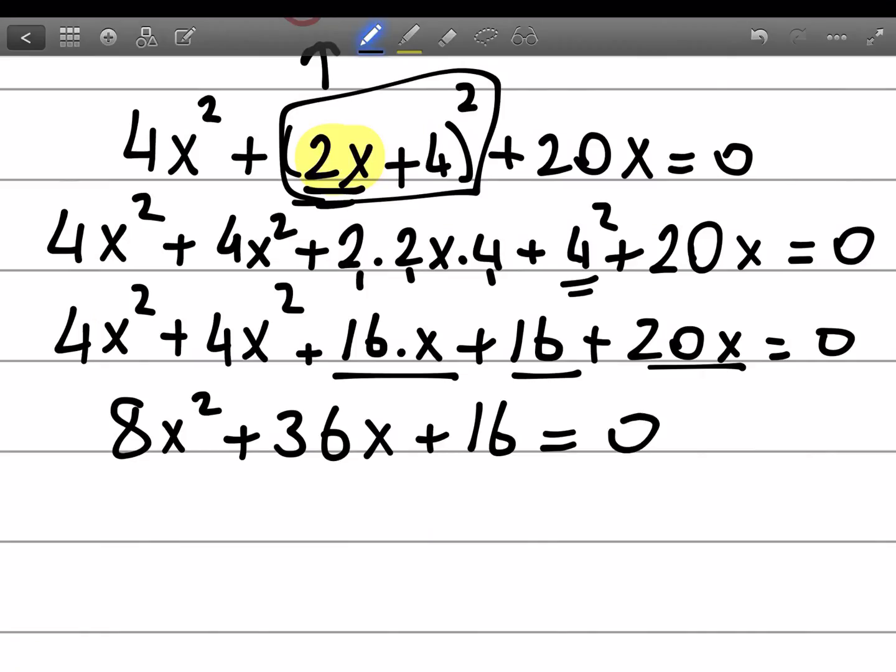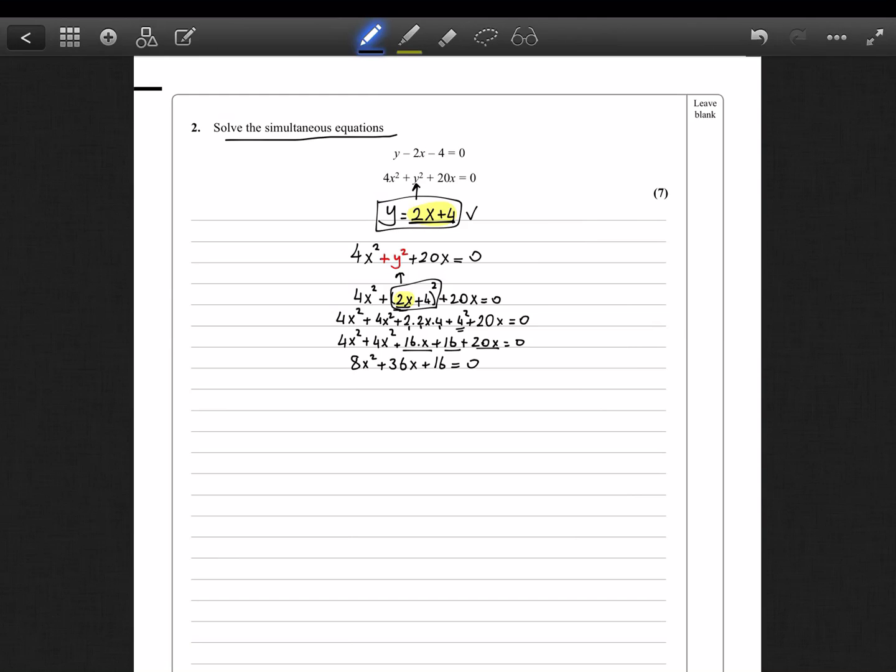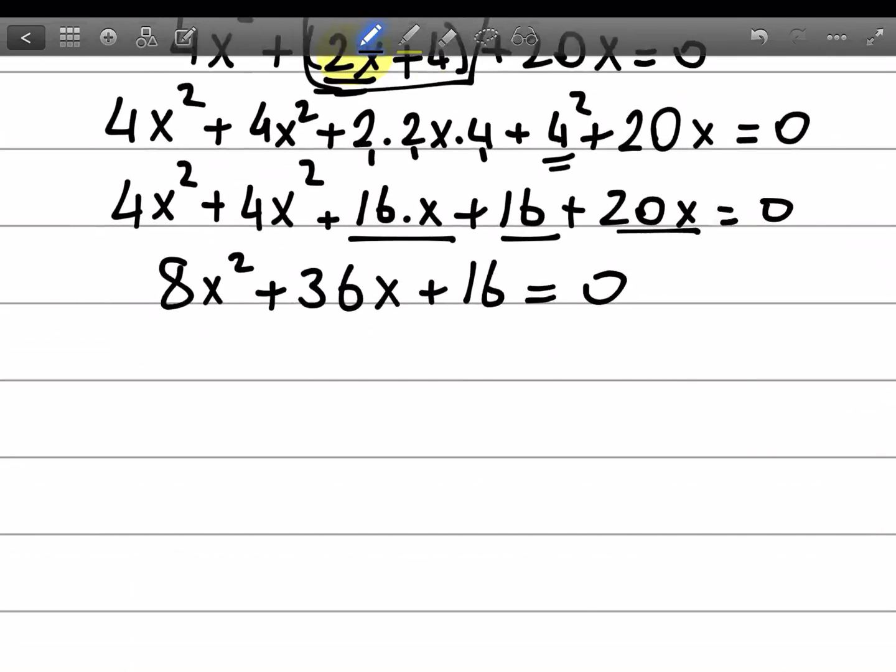We have to find x, right? We have to solve this equation, x and y.